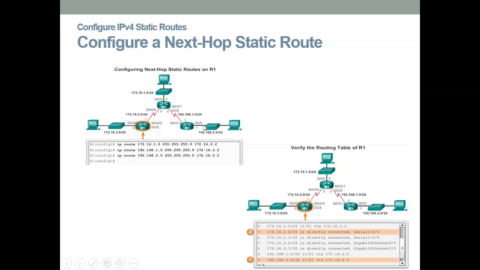You count the cables which are not directly connecting to router 1. So when I'm on router 1, this is 1 remote network, this is 2, this is 3. That is why in this configuration we have 3 static routes, because we have 3 remote networks.